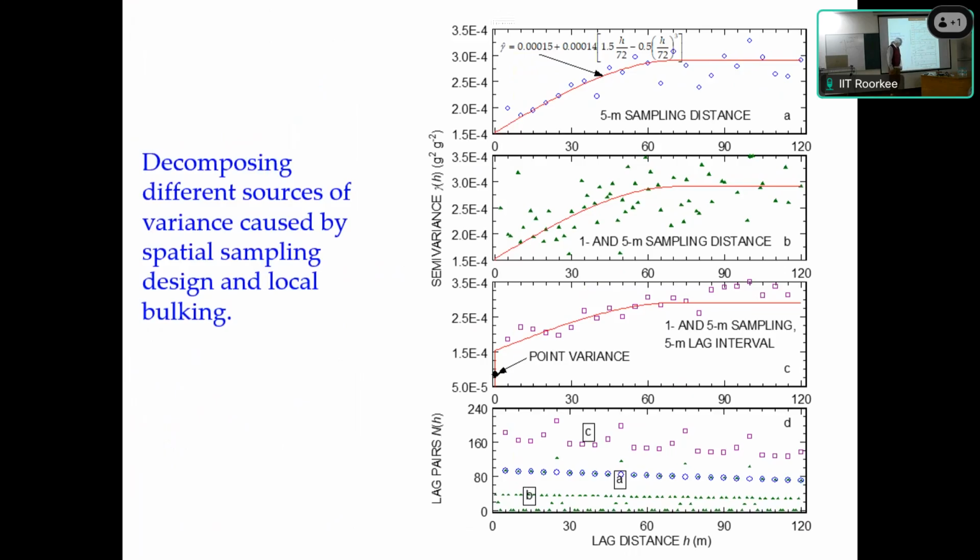And then here I have plotted all the number of pairs for the different scenarios. So if we have here the variogram scenario 1, scenario A, 5 meter sampling distance, all these blue symbols are the n's.